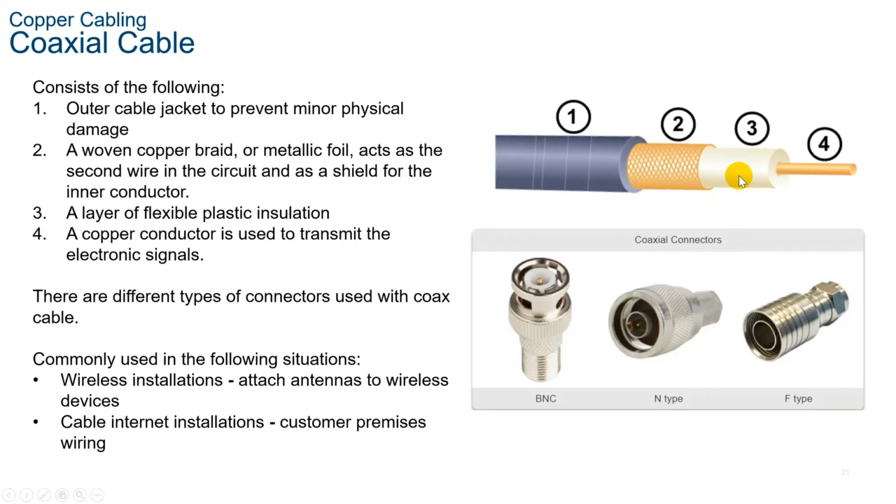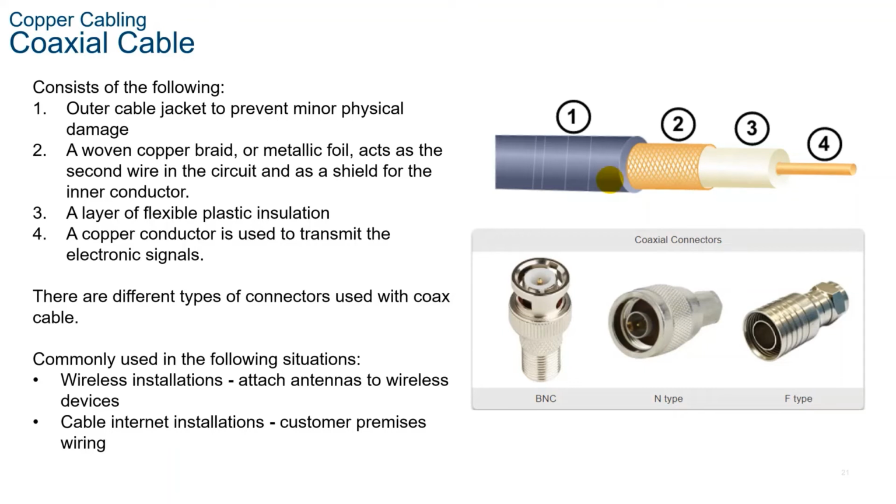The insulating material is surrounded by a woven copper braid or metallic foil that acts as the second wire in the circuit and a shield for the inner conductor. The second layer or shield also reduces the amount of outside electromagnetic interference. The entire cable is covered with a cable jacket to prevent minor physical damage.